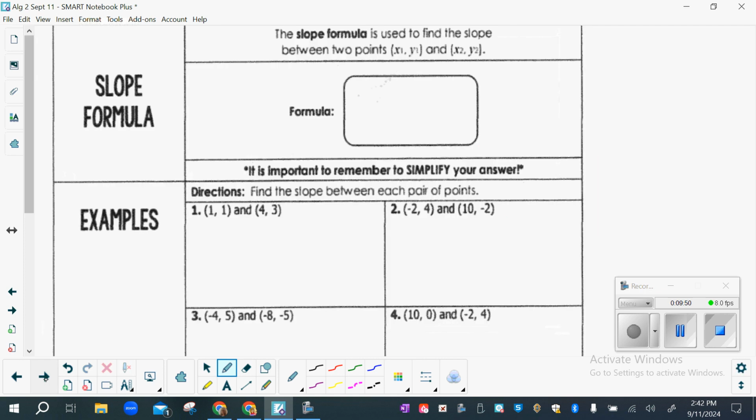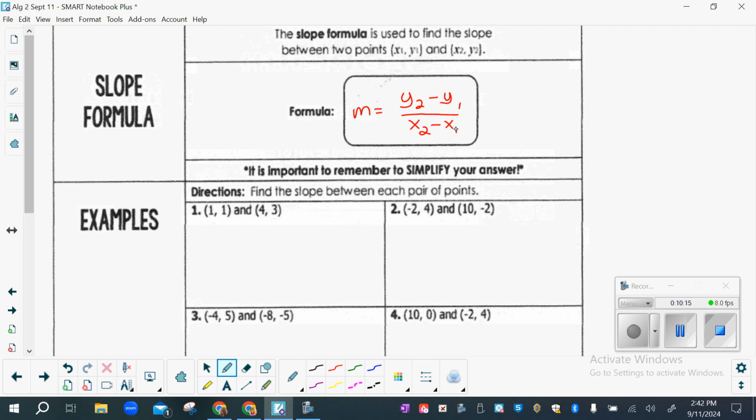Okay, so slope formula. We use it to find the slope between two points, x1, y1, and x2, y2. So the formula is y2 minus y1 over x2 minus x1.